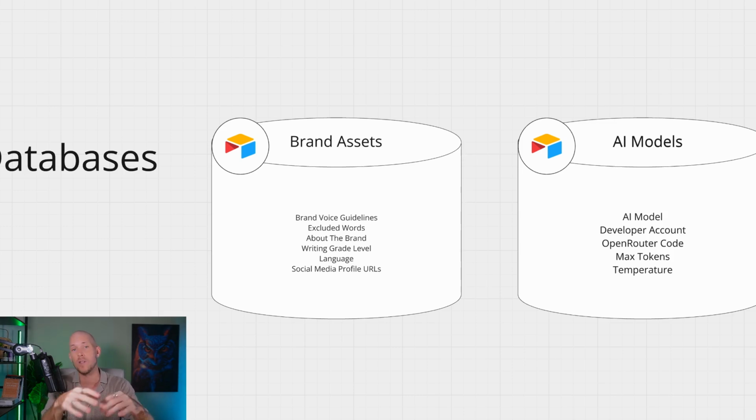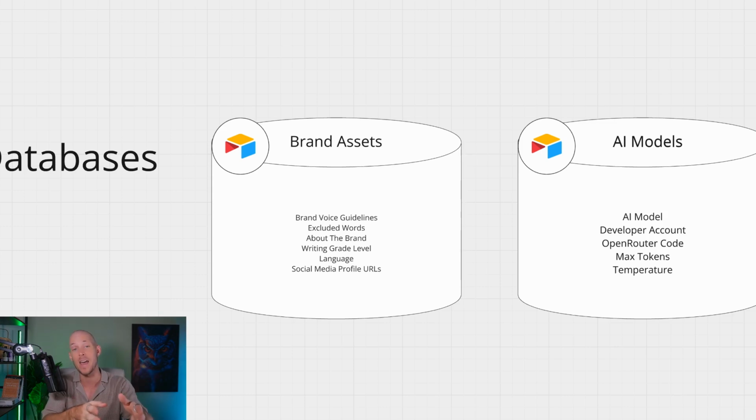So you could have, let's say you're an agency in Europe, for example, and you're multilingual. You might be working with clients who speak in Spanish. You might be working with some who speak in Italian. You might be working with some that speak in English. We could actually set inside of our brand assets tab different languages for each of those different brands, and then use that in every single AI workflow moving forward so that we don't have to go in and change our prompts all the time from English to Spanish or English to Italian.